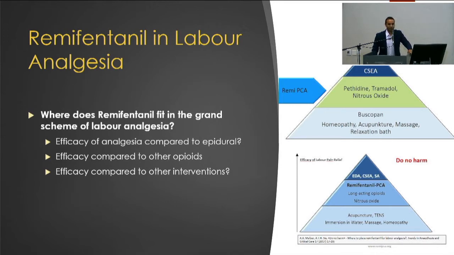What they found was that remifentanil was superior in analgesic benefit compared to pethidine, with almost half the progression or conversion to epidural. Sedation rates were similar when comparing remifentanil to intramuscular pethidine.